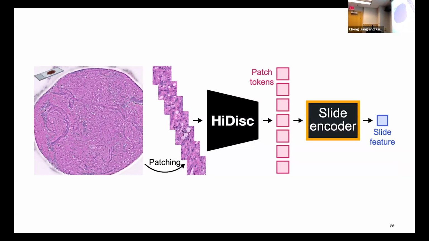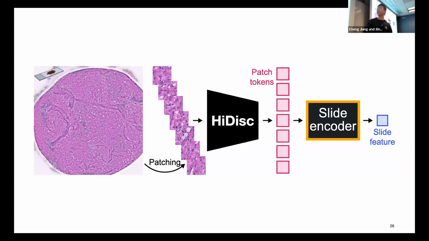All right. For this two-stage network, the HiDisk part enables us to get a very good patch representation. But the ultimate goal of CPath, or computational pathology, is to have a good slide representation, because that is the level at which most of the pathologists' annotation or evaluation can be done.